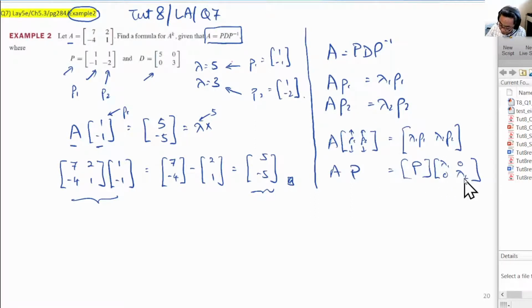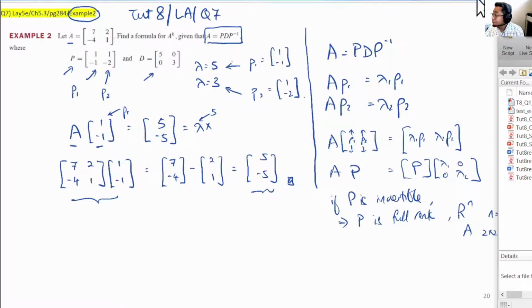Now, if P is invertible, this is an important case, implying that P is full rank and has a complete set of bases for Rn. Here n is 2, and A is a 2 by 2 matrix, and therefore we need P to have 2 independent eigenvectors.